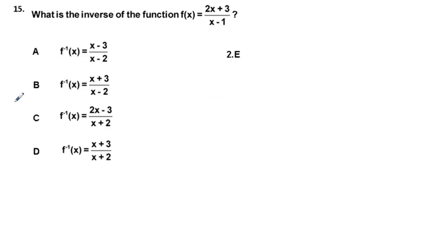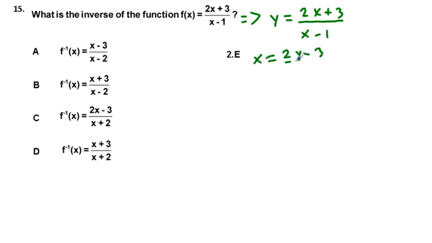15, what is the inverse function f of x equals 2x plus 3 over x minus 1? There's a 4-step process to this, like I showed earlier. We can rewrite this as y equals 2x plus 3 over x minus 1. Change that to x equals 2y minus 3 over y minus 1.